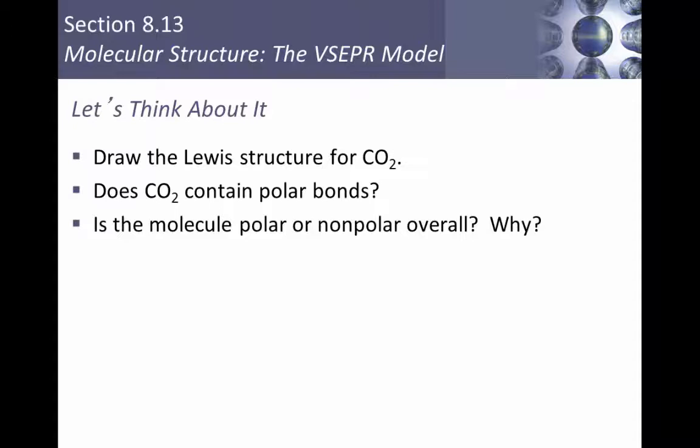And then it's going to be nonpolar overall because it's linear. So it's symmetrical about that central axis. And so in essence, those charged ends have a canceling effect. And so the molecule ends up being nonpolar.